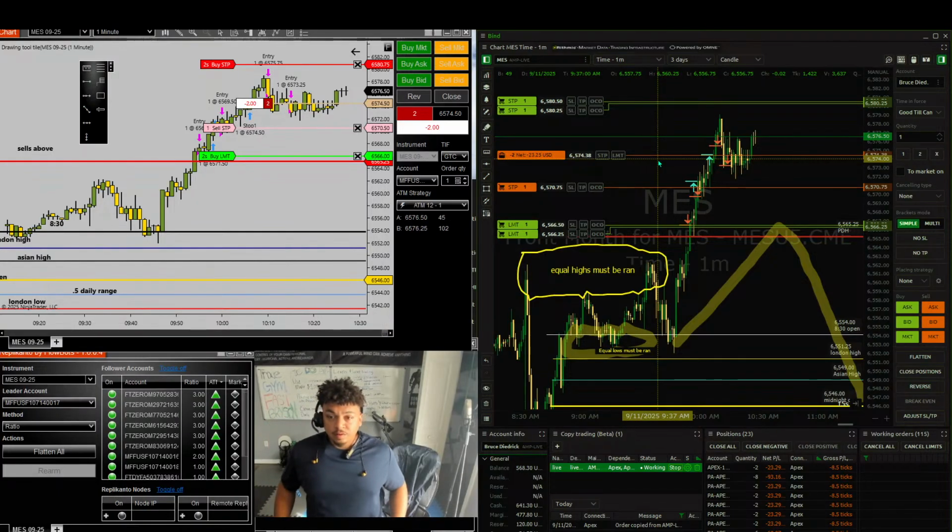I should have just bought 830. Should have just bought that. But now I'm in a sell off of the 0.25 of the daily level. And it's just stalling. See if it goes.